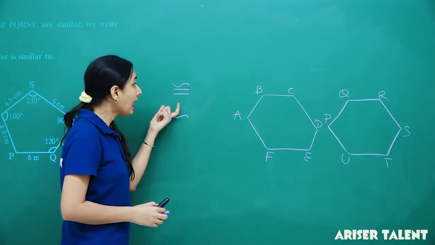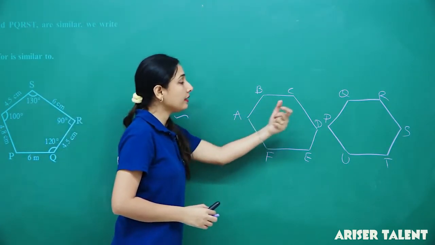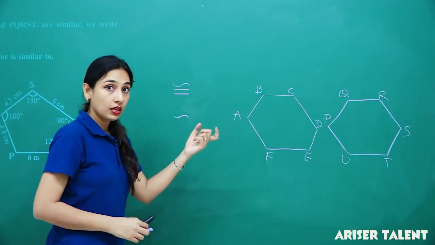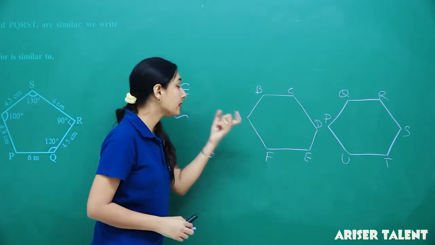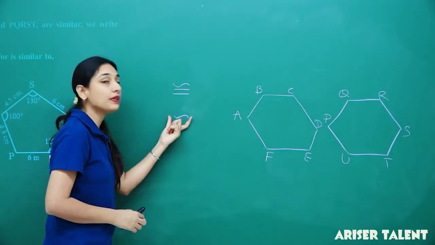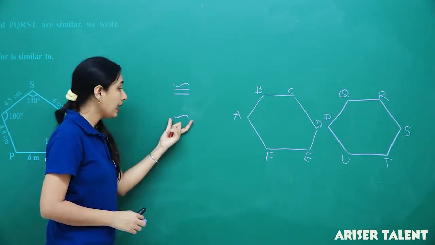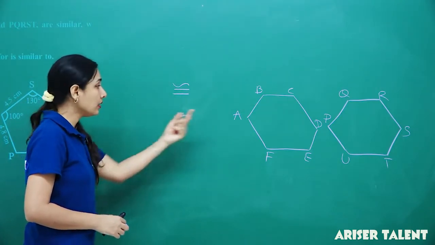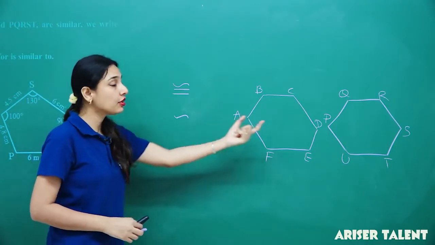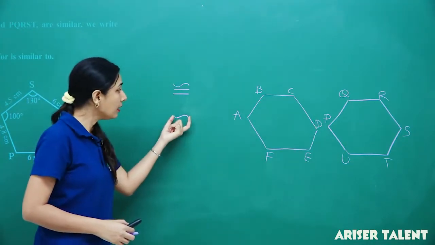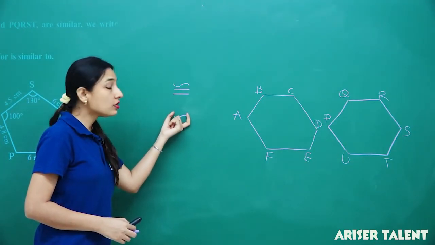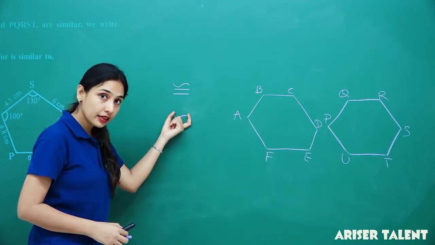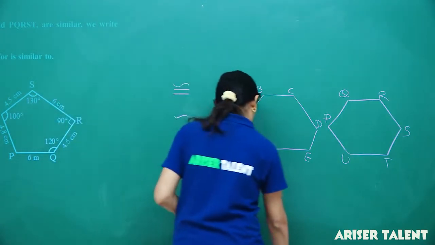But if I have to say that this and this polygon are similar, then I have to use this particular sign. Here I will mention the polygon, here I will mention this polygon, and will use this sign for similarity. This is a small thing.